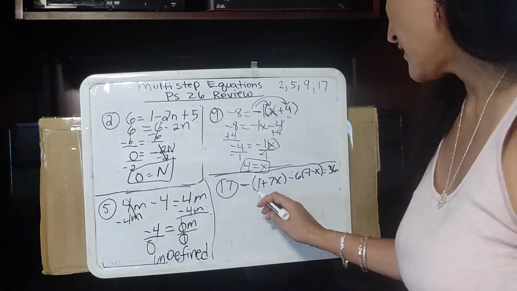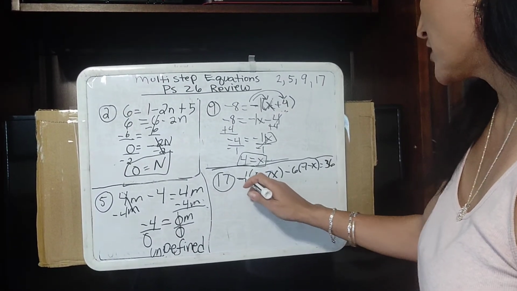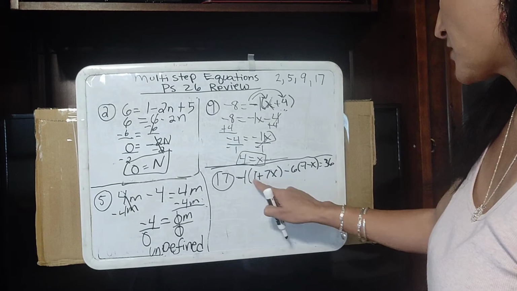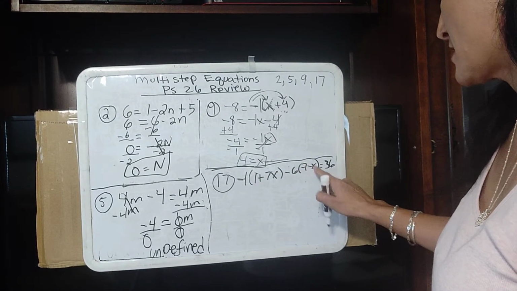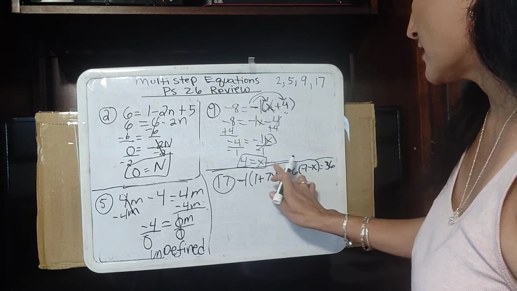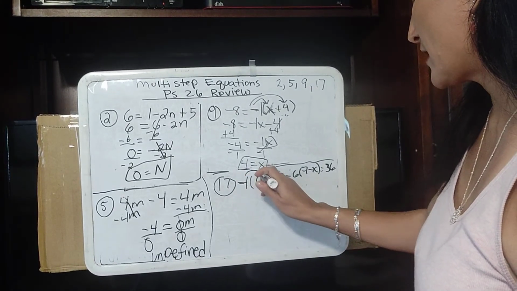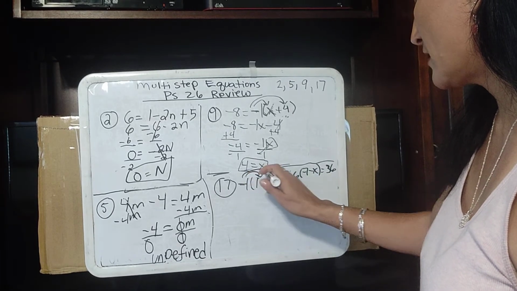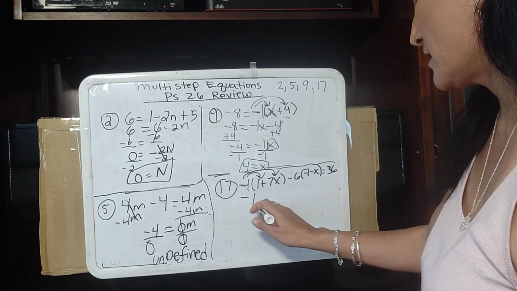On the next problem, we want to take the negative 1 and again add a coefficient, and we're going to distribute it into the terms here. And then we're going to take the negative 6 and distribute it to these two terms. So we're going to say negative 1 times 1, negative 1 times 7x.